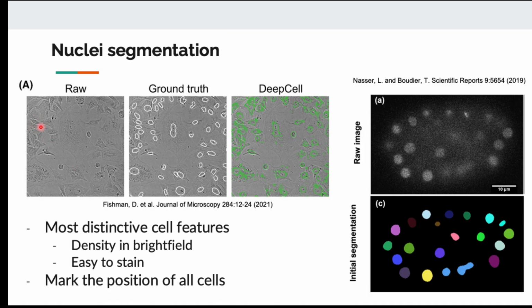This might correspond to the nucleus. But if we are looking at maybe some fluorescence staining, in this case, most of the area will be dark, and the bright area will designate the position of the nucleus. So that's usually the first step. We want to identify where the cells are.